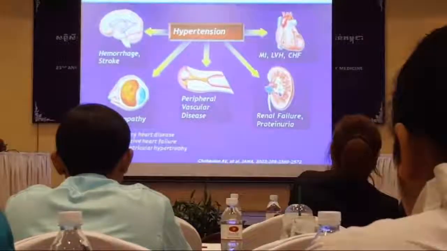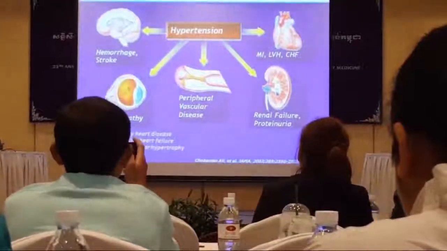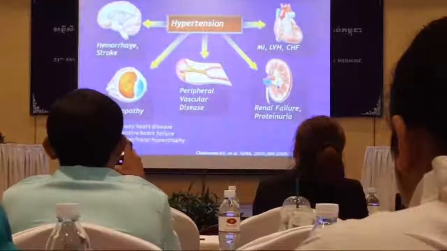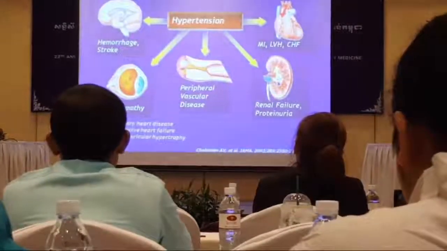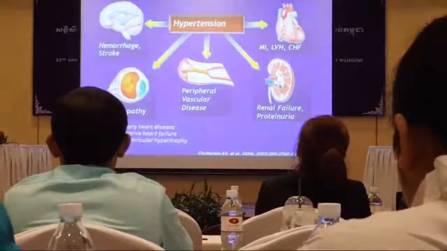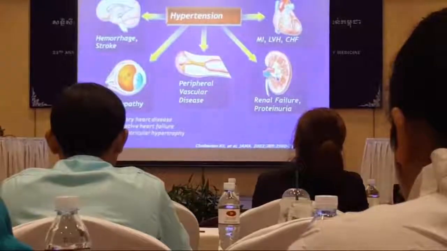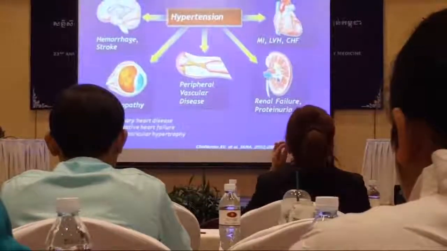Hypertension can affect all the organs of the body. For example, for the brain, we have hemorrhagic stroke. For the eye, we have retinopathy and peripheral vascular disease. For the heart, infarction, left ventricular hypertrophy, congestive heart failure. And for the kidney, we have renal failure and proteinuria.